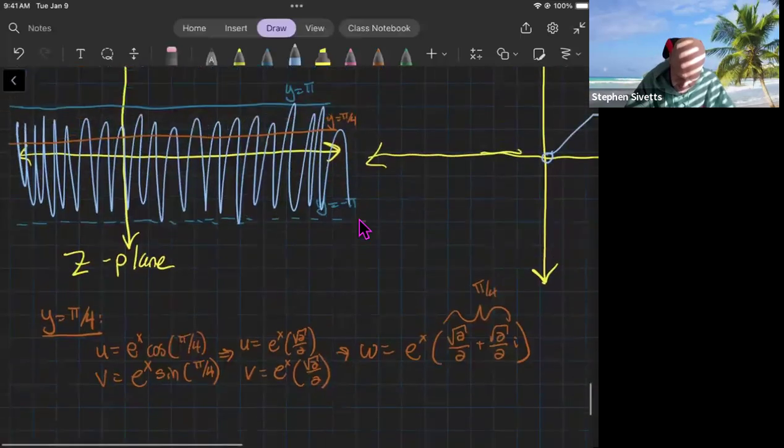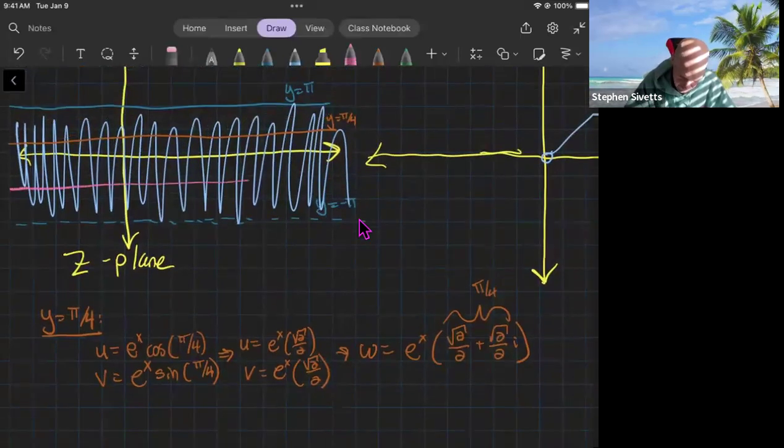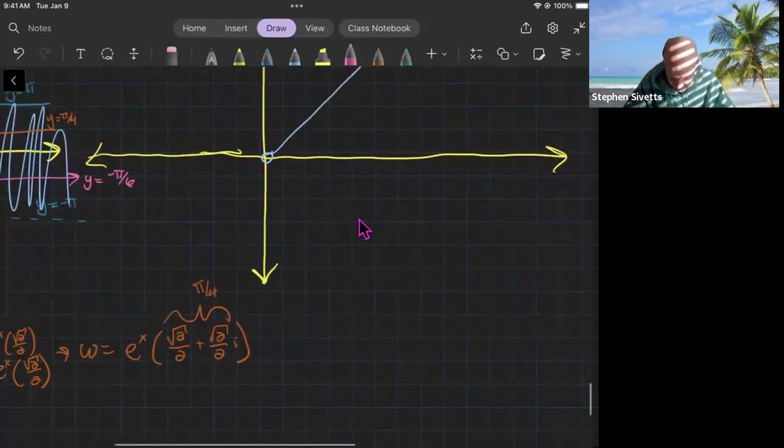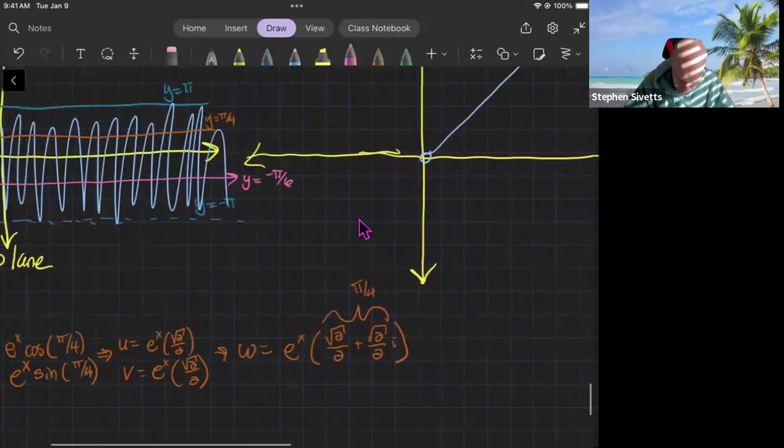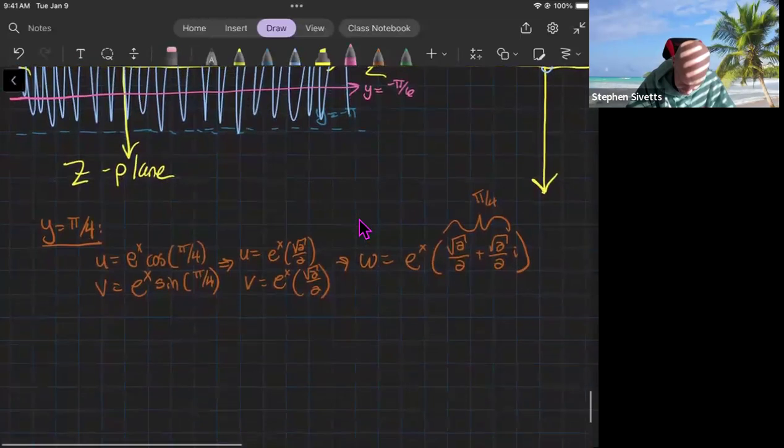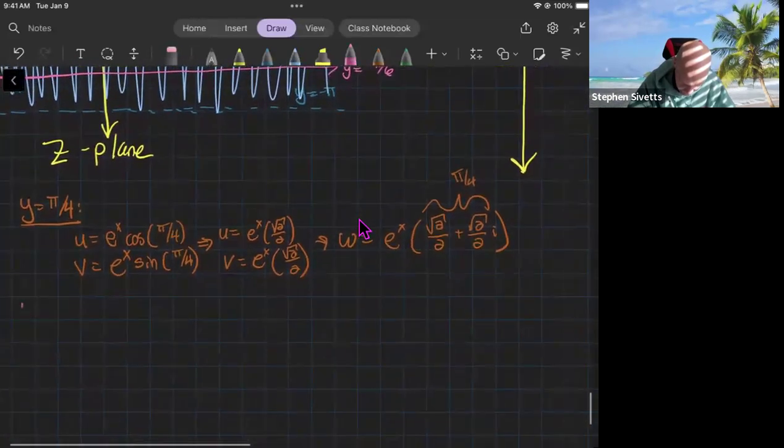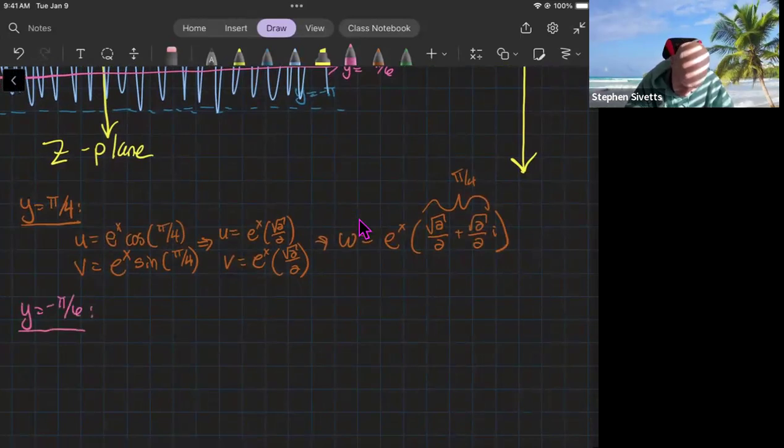And if I were to look at, let's say, another line, let's say y equals minus pi over 6. Okay, so minus pi over 6. Okay, so that means the u is just e to the x times cosine of minus pi over 6.